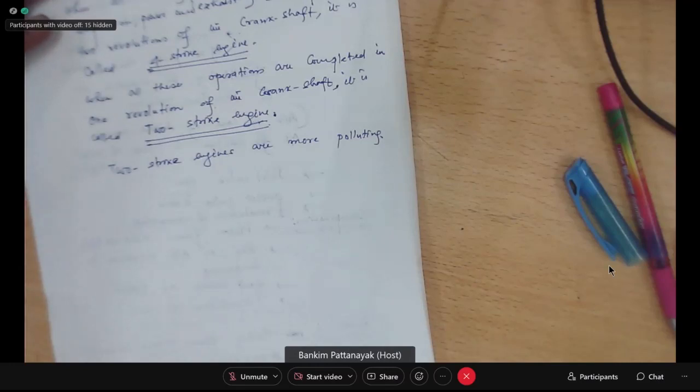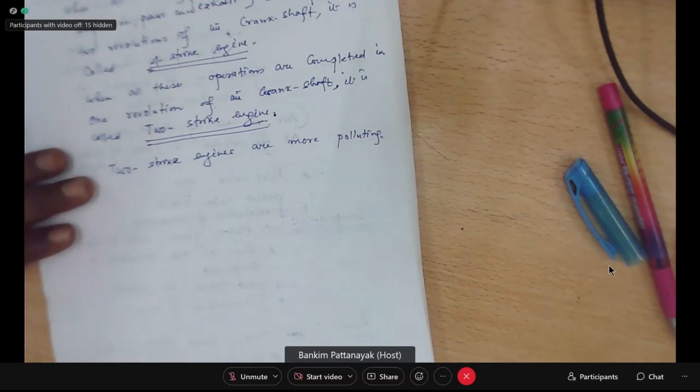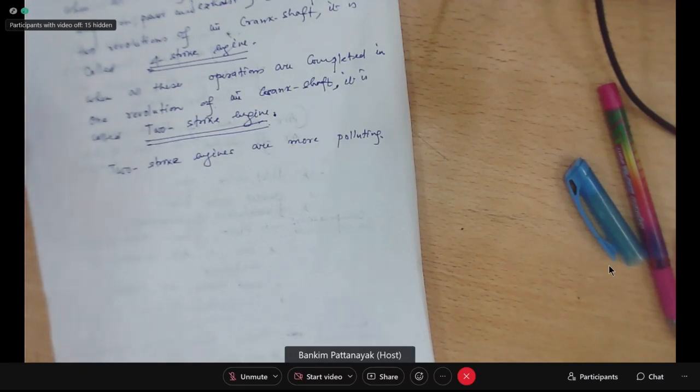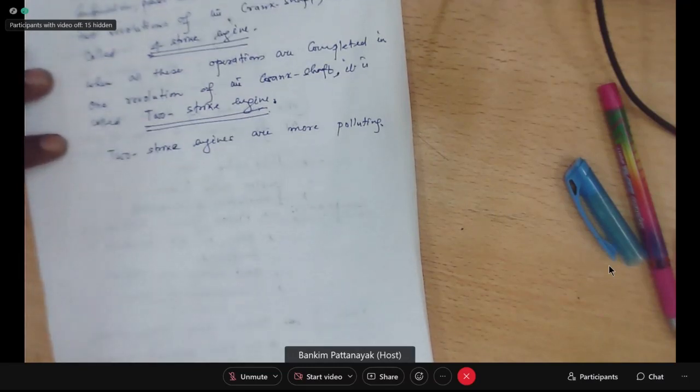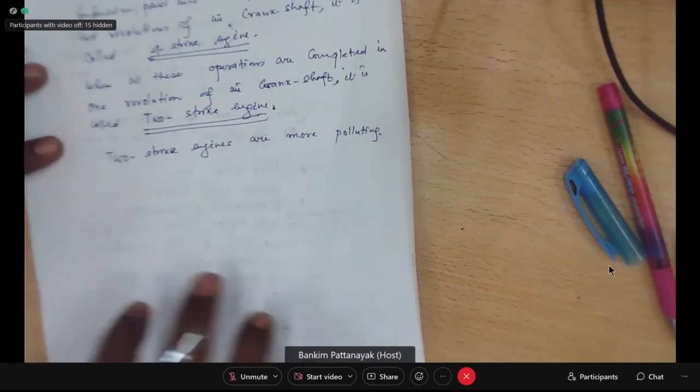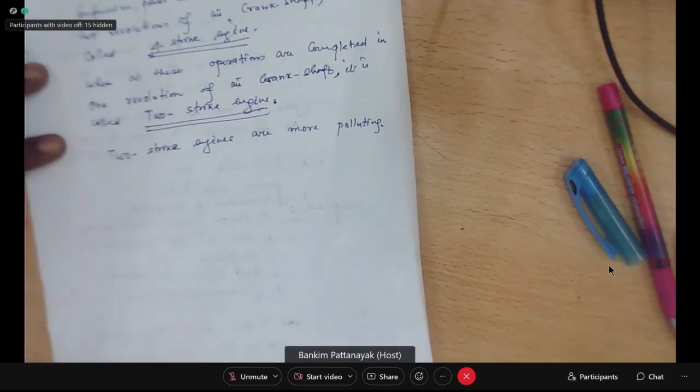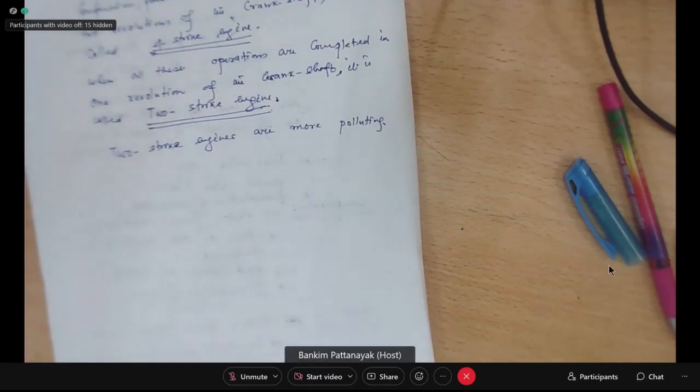As a result, suction and exhaust happens in one stroke and power and compression happens in another stroke, right? So as a result, what happens is that the fresh charges expel the exhaust gases from one side to another.